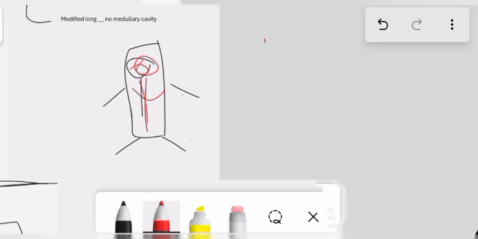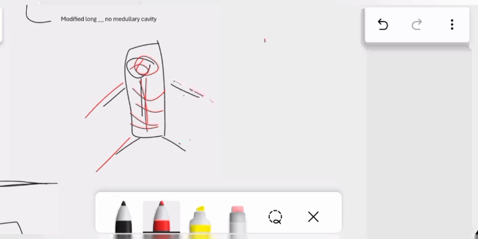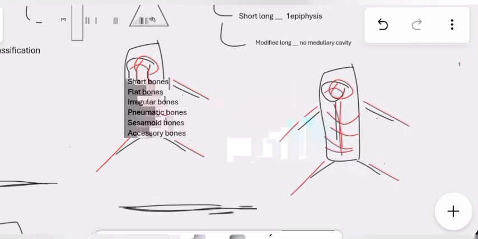So this is basically the axial skeleton, right? And the limbs, upper limbs and the lower limbs, they make the appendicular skeleton. So whatever is in the center, it is the axial skeleton, and the limbs, lower limbs and upper limbs, are the appendicular skeleton. So this is the first classification, how you classify bones.